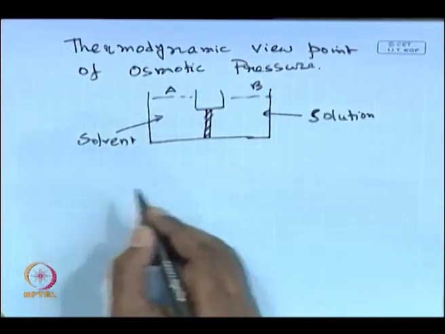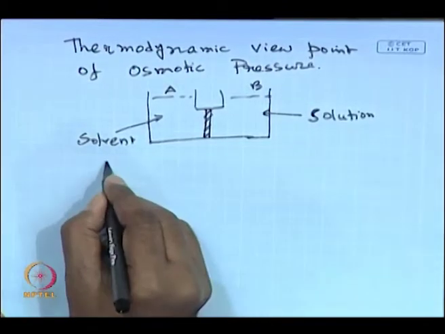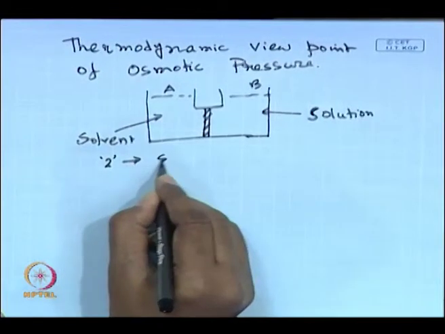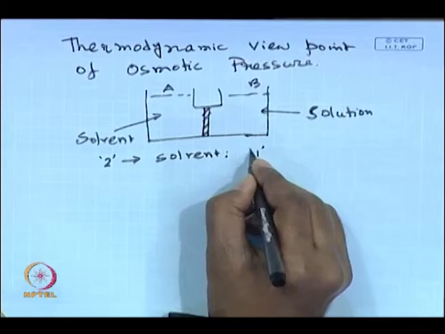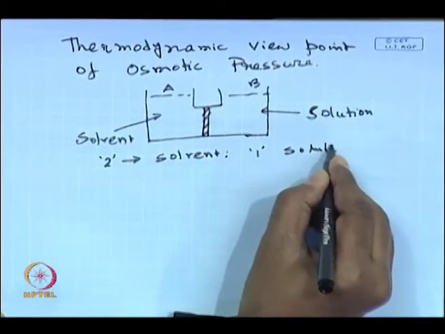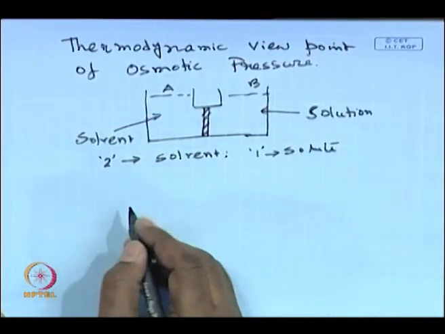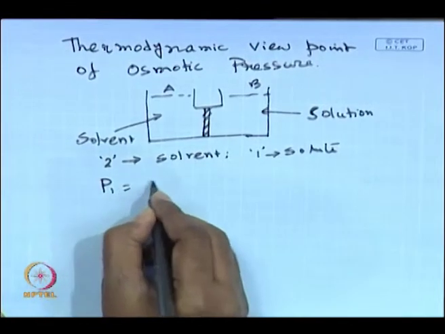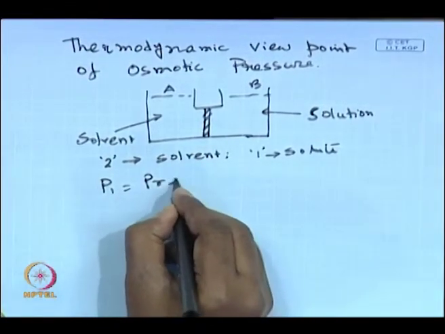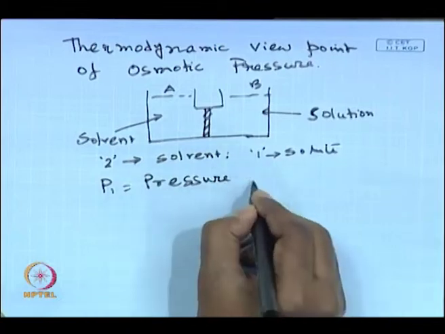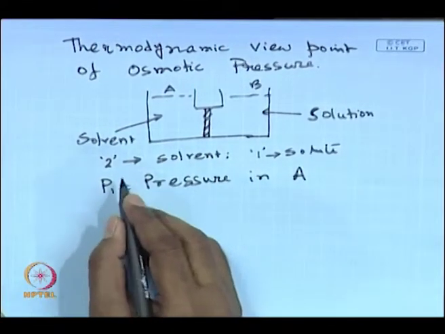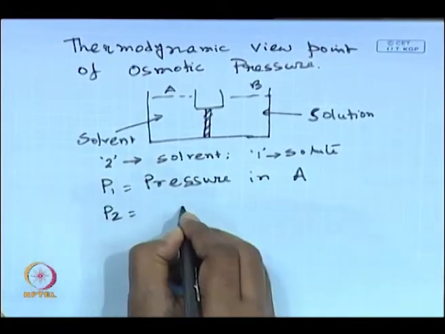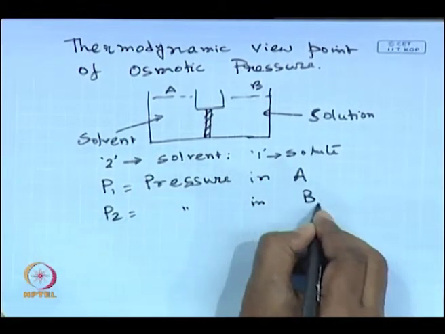So, let us use this notation 2 for solvent and 1 for solute. Okay. P1 is pressure in chamber A and P2 is pressure in chamber B.